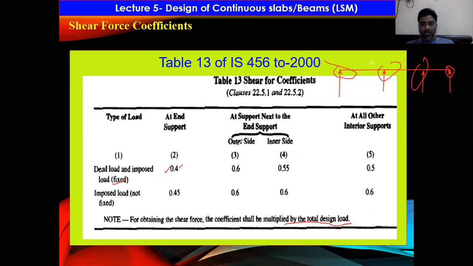That is called outer side and inner side, right? You need to calculate both the shear forces, outer side as well as inner side. And for all other intermediate supports, you can use these coefficients to determine the shear forces, right? So if you solve a problem, then it will be easy for you to determine the coefficient, right?